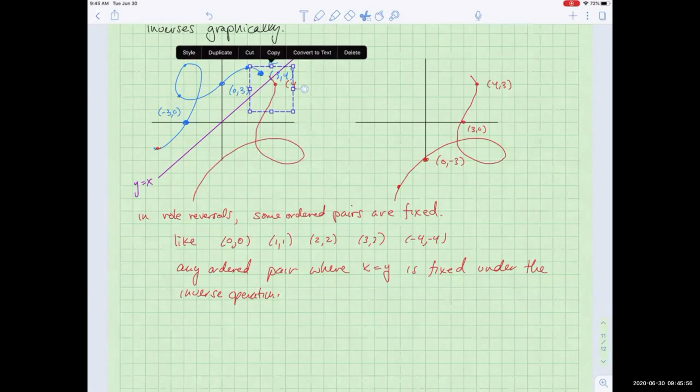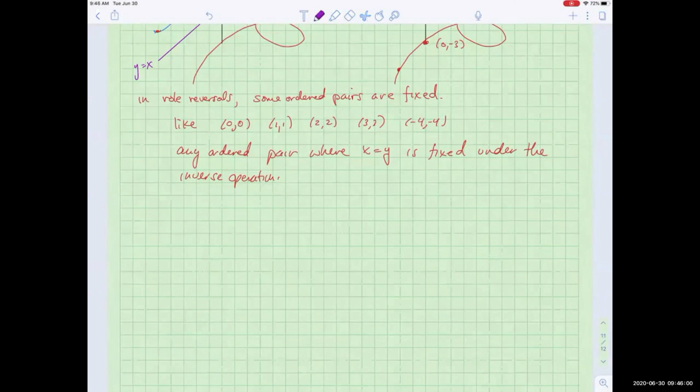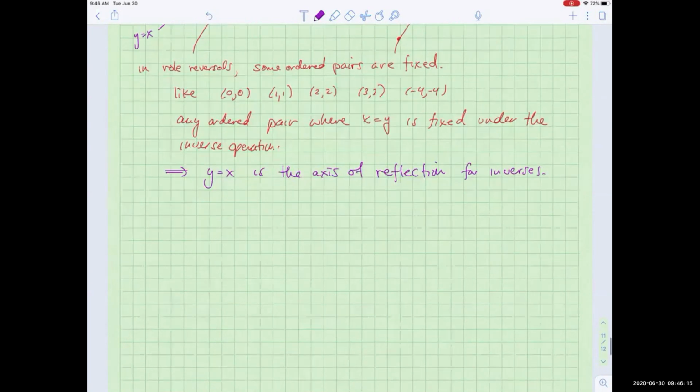Obviously, I didn't draw it very well. So y equals x is the axis of reflection for inverses.